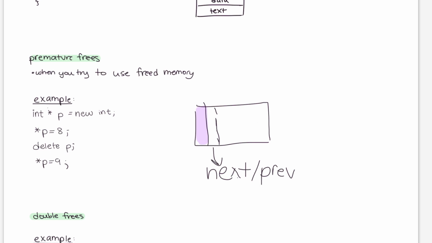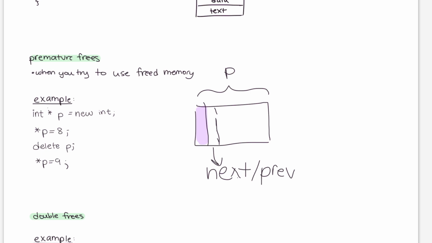In this case, we've allocated P. This whole chunk is P, but P really points to your header. Anyways, we're going to write in 8. That's what's being stored, and it takes up the size of an integer, starting from here. So our next and previous is overwritten.